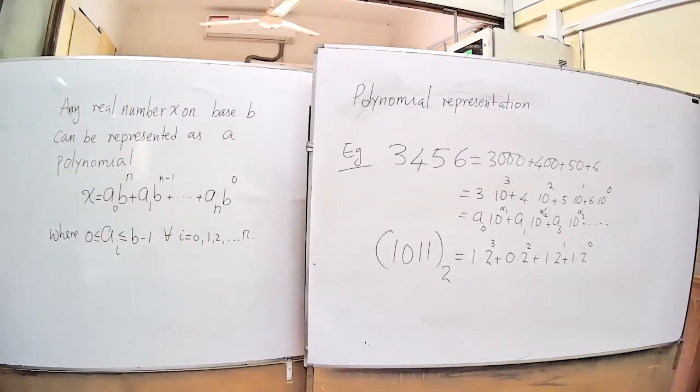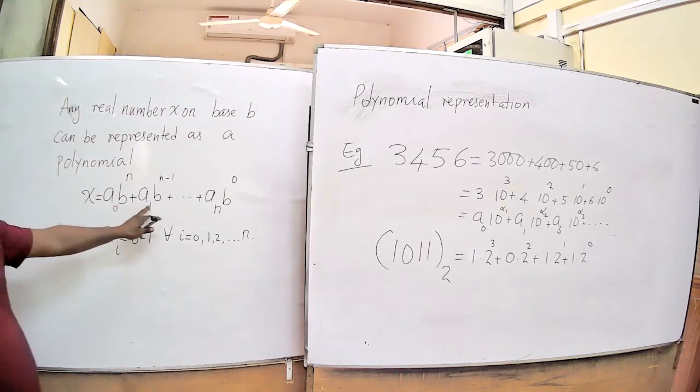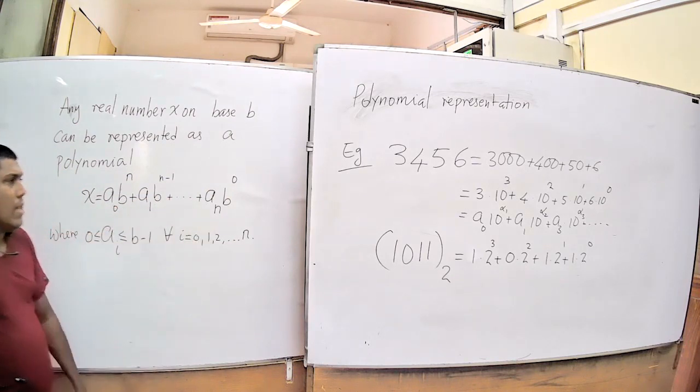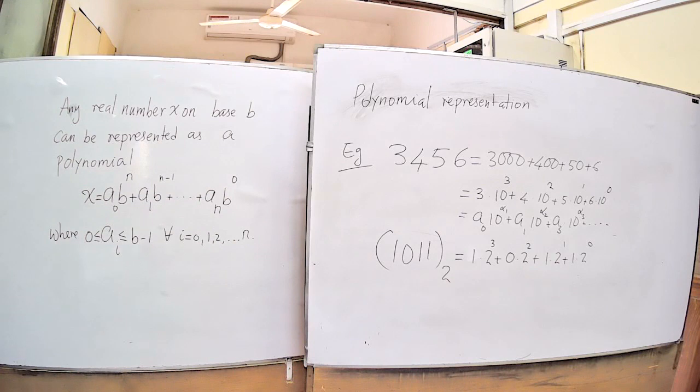So this is the first concept: you can write down a number on base B in a polynomial representation, starting with some degree n all the way down to degree 0. These coefficients a0, a1, up to an, will satisfy certain conditions.